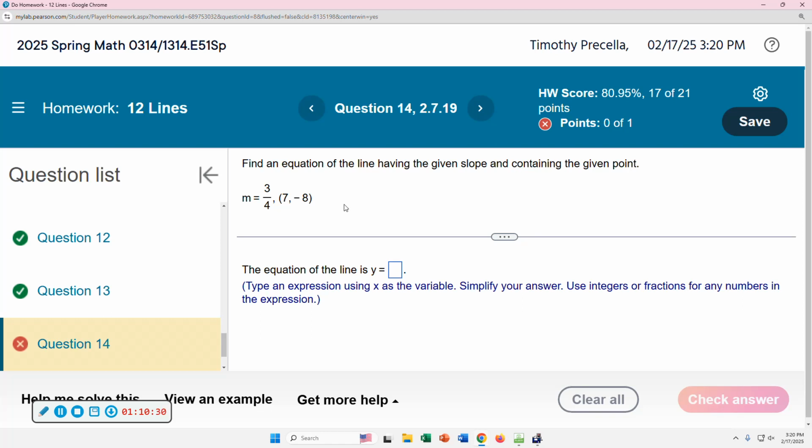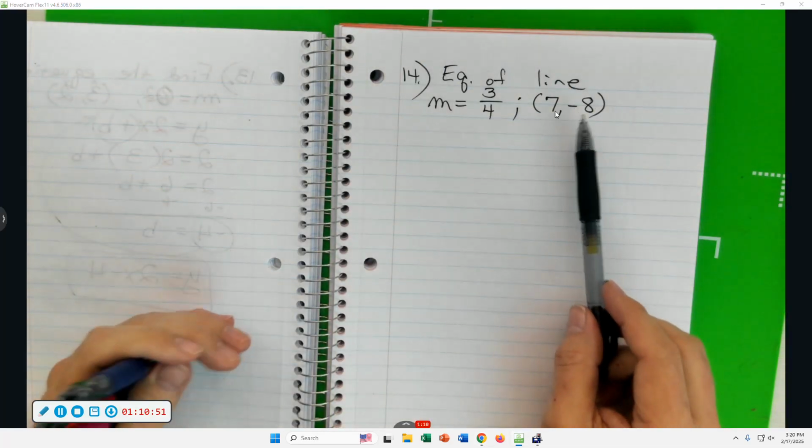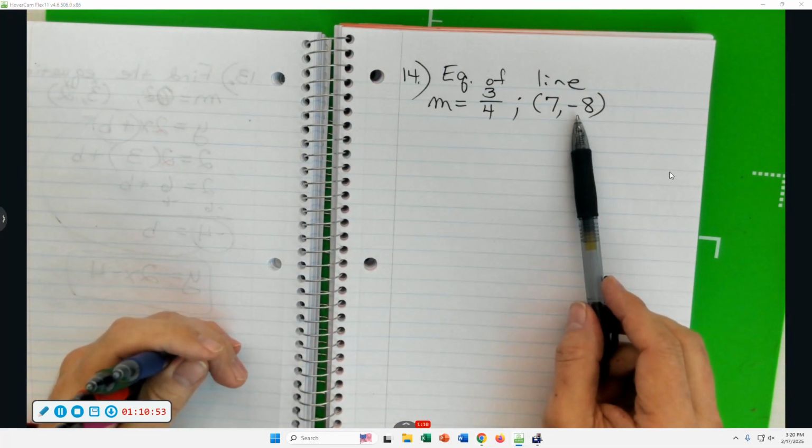So this line has a slope of 3/4, and it's passing through the ordered pair 7, -8. That is not the y-intercept. If you think about plotting that in your mind, you should see it's not on the y-axis. They didn't give you the y-intercept.